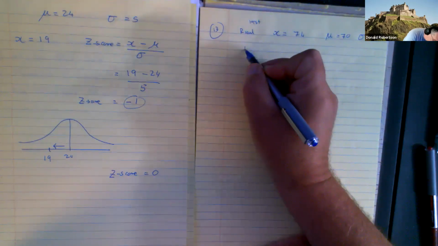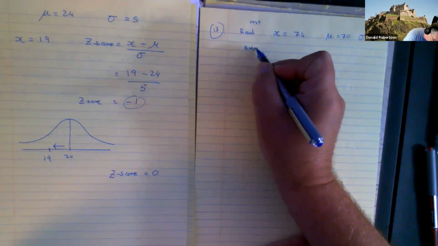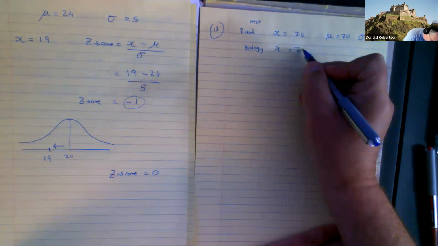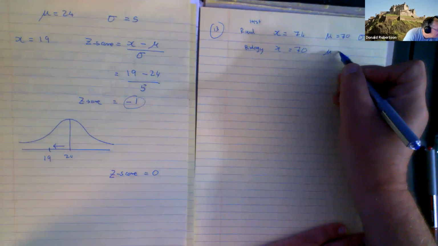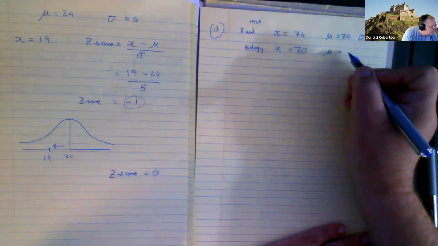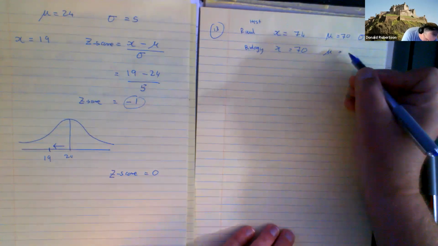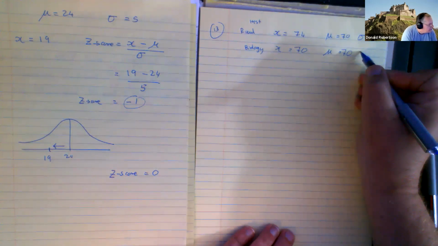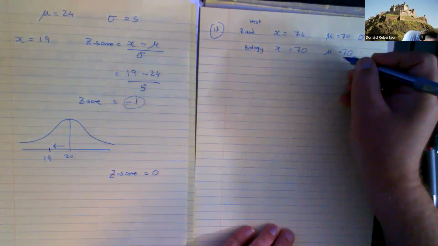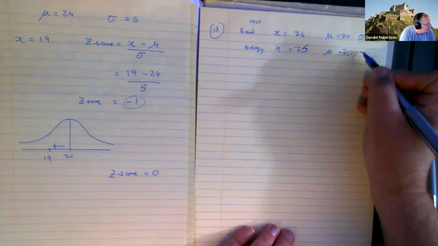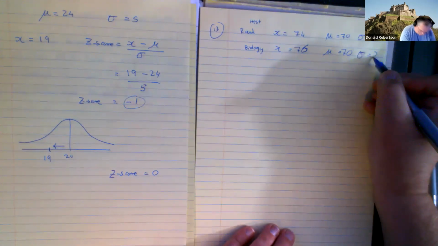And in his biology class, my apologies, he got 76, and the mean was 70, and the standard deviation was, say, 2.